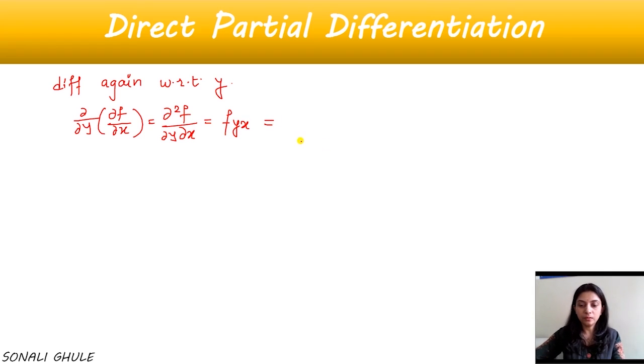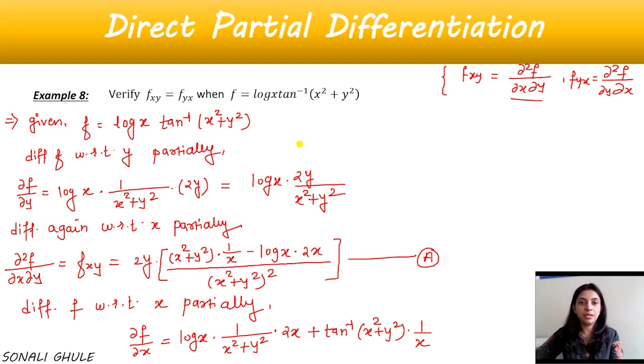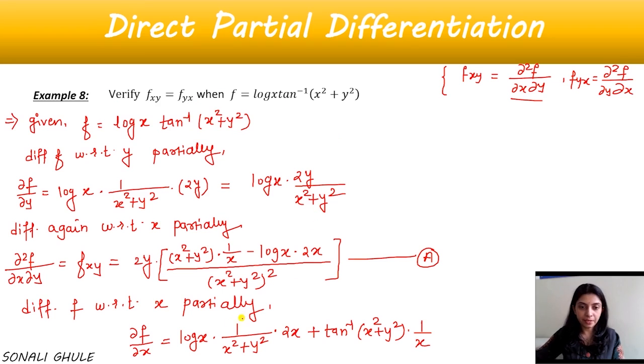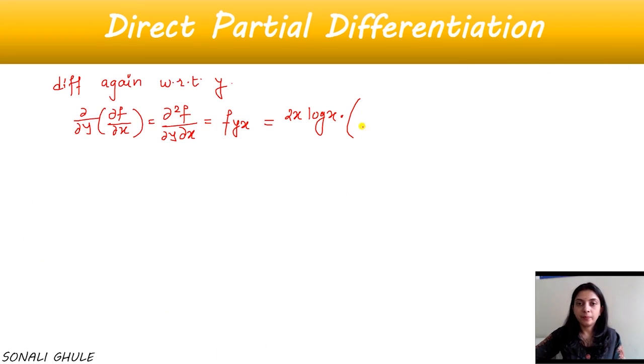Okay, so taking a derivative, now this is a derivative with respect to y, so your x is constant, so I can write this 2x log x constant, and taking the derivative of this 1 upon x square plus y square with respect to y, so it will be minus 1 upon x square plus y square whole square into derivative of this with respect to y, it is 2y.